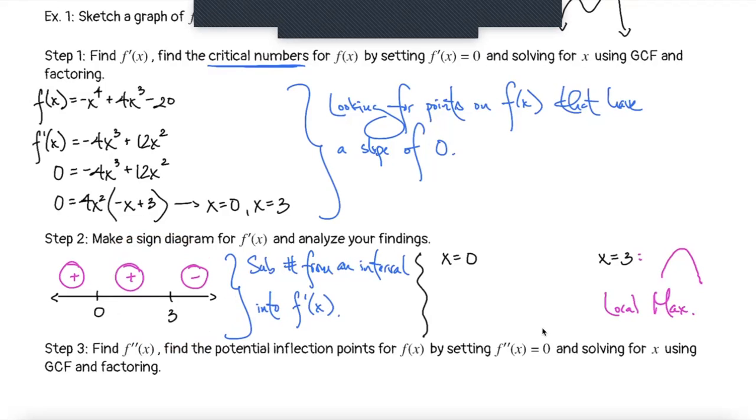And so if we look at x equals 0, the other point of interest, if I were to draw a picture that goes with that, I'm looking for something where the slope is positive, it flattens out, and then it's positive again.